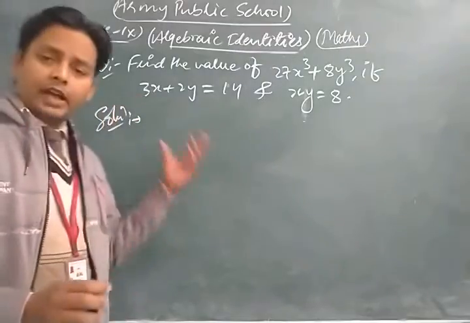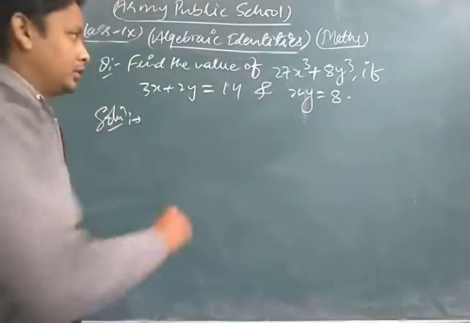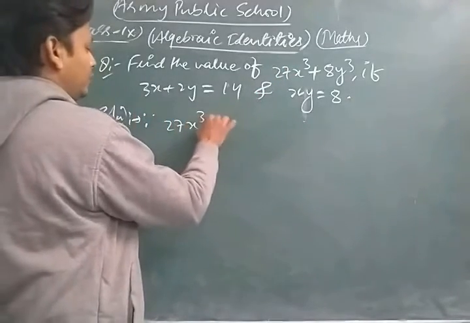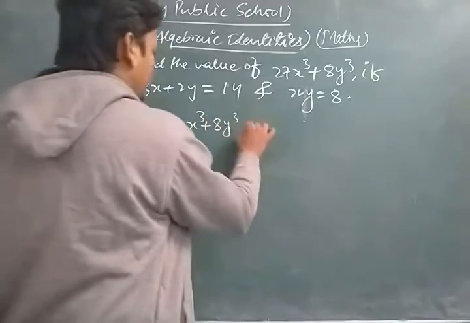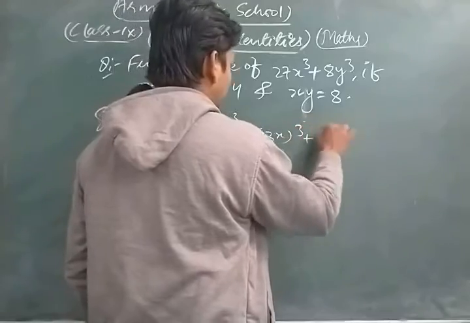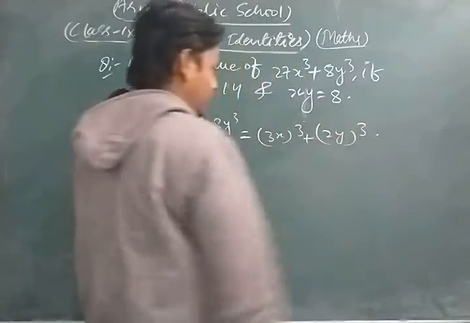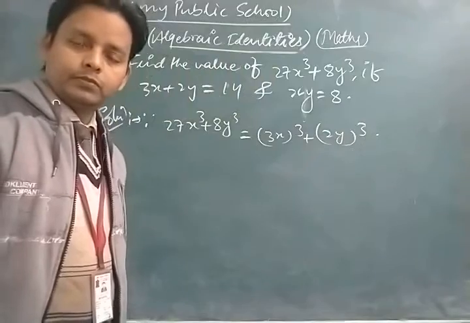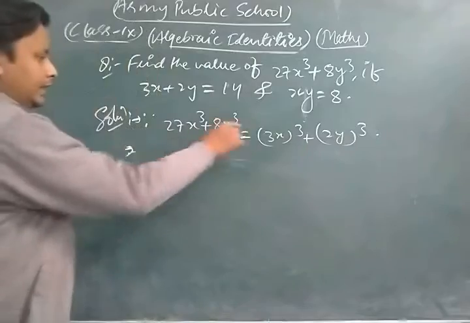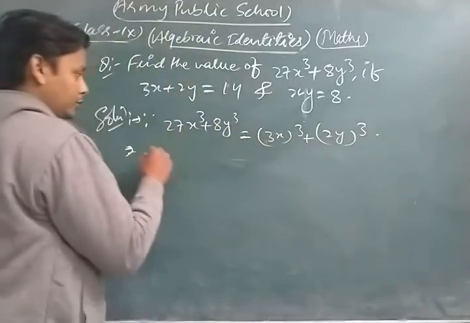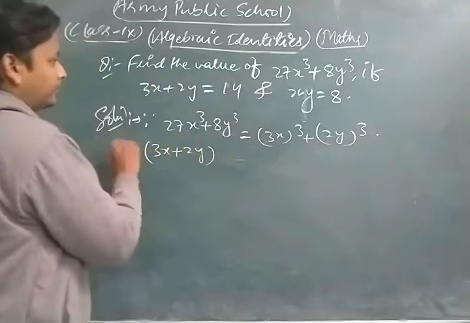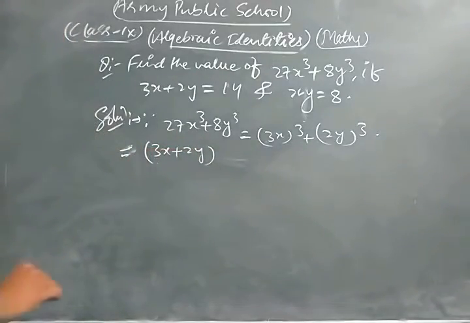Look, we have the values given and we find the value of that expression. Since we have 27x cube plus 8y cube, we can write it as 3x whole cube plus 2y whole cube. Now we express it based on the identity a cube plus b cube, that is, a plus b in one bracket and the other factor in the second bracket.